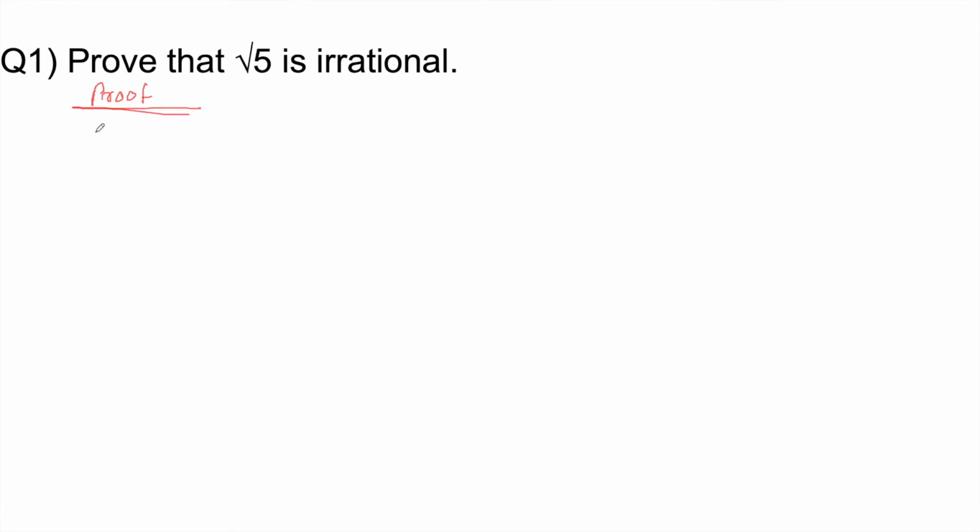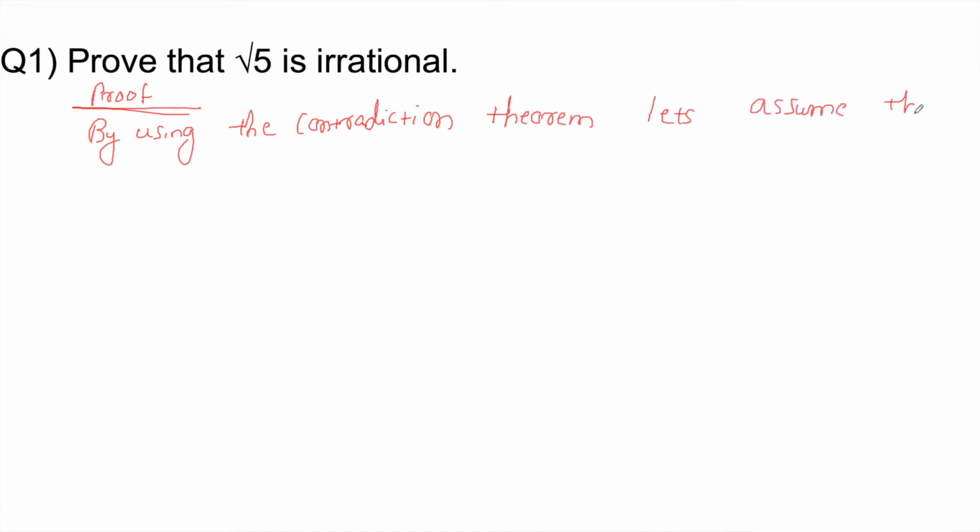Proof. By using the contradiction theorem, let's assume that root 5 is rational.